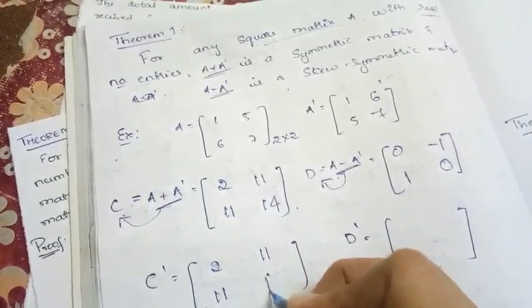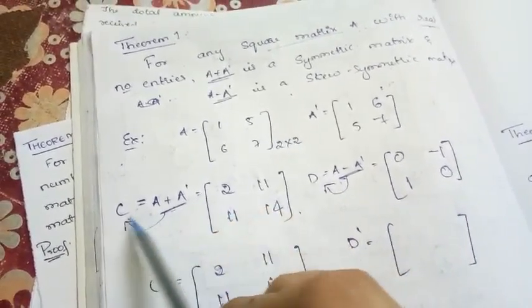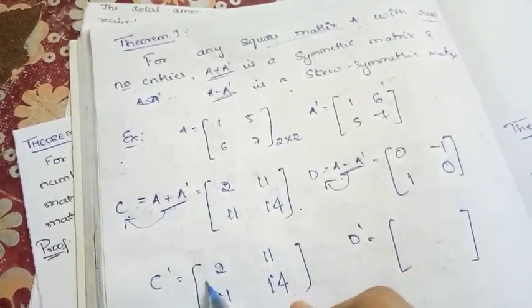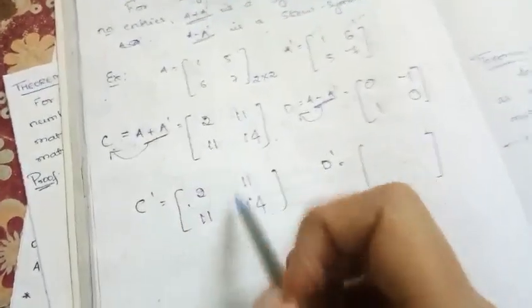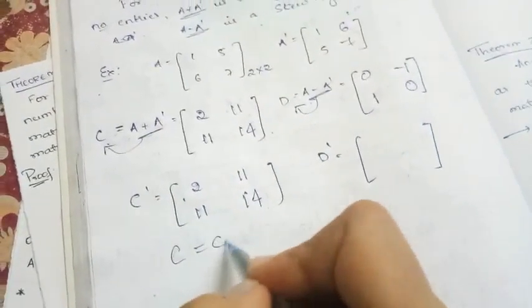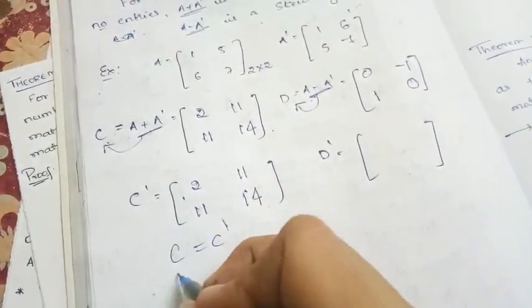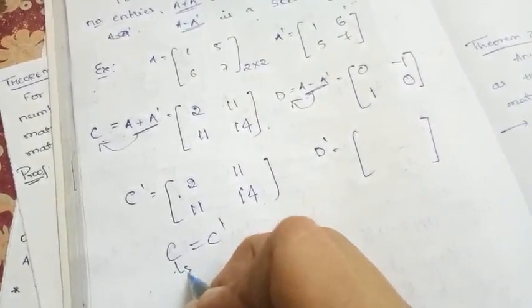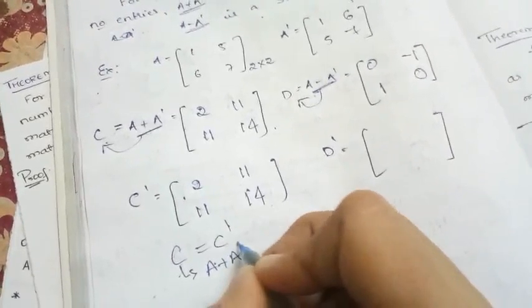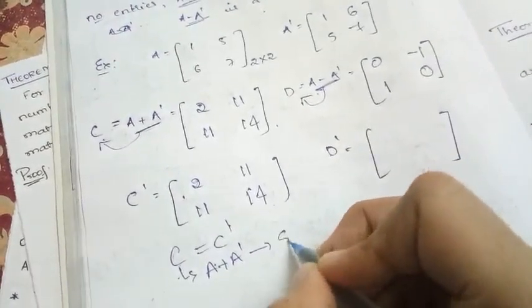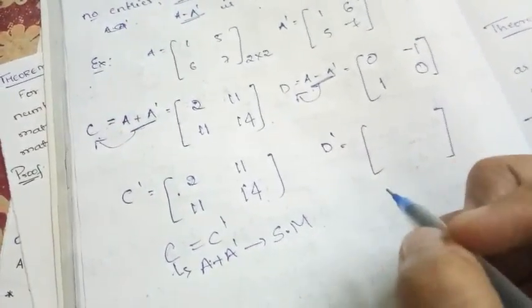Second row is changed into second column. Now you can see the matrix C and C transpose, both the matrices are same here. C is equal to C transpose. When C is equal to C transpose, it is clear that C is a symmetric matrix. What is C here? A plus A transpose. So A plus A transpose is a symmetric matrix.